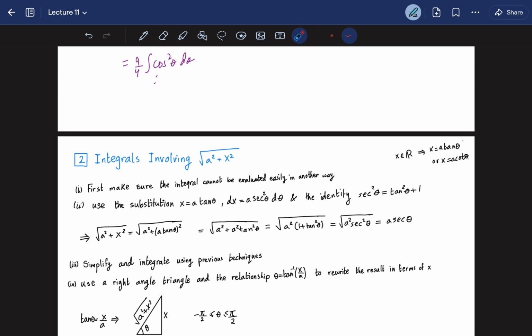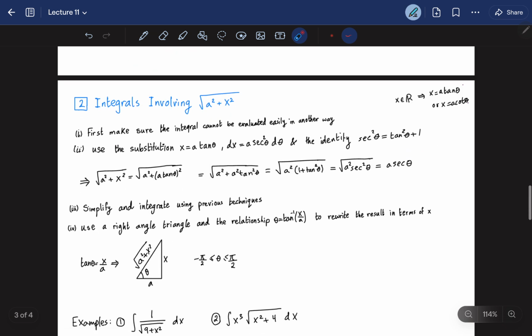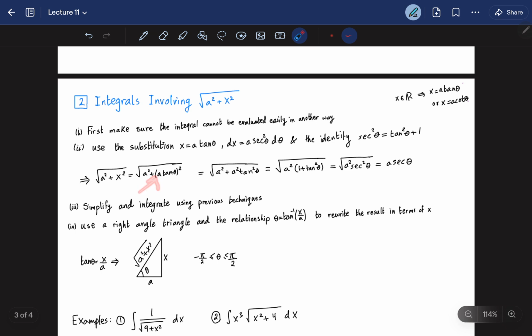The other reason for choosing tan is because this identity has a plus here, and I have a plus here. So that's why this plus would work. Now again, if you plug it back here, you're going to get a squared times 1 plus tan squared, which is your secant squared. And now if you take the square root, you're going to get a secant theta.